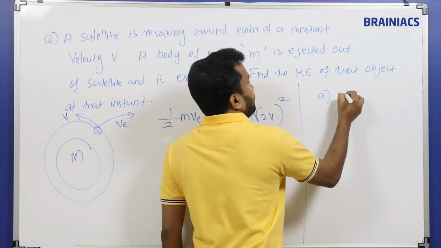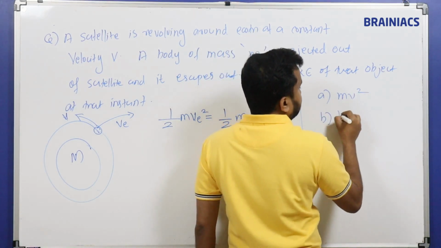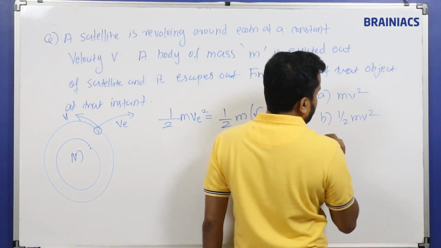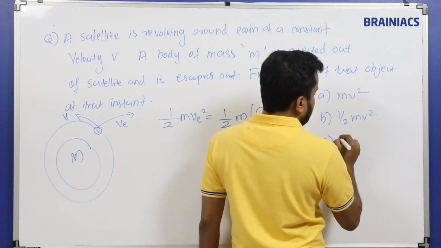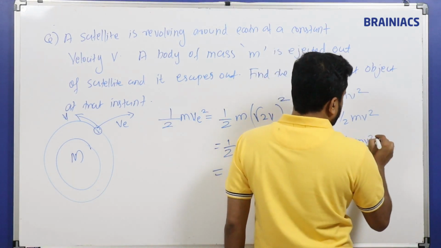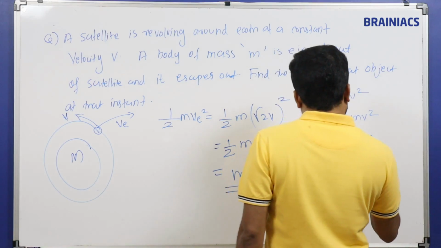You will have different options like half mv square, and the third option like 3 by 2 mv square. You have the fourth option like 2 mv square.